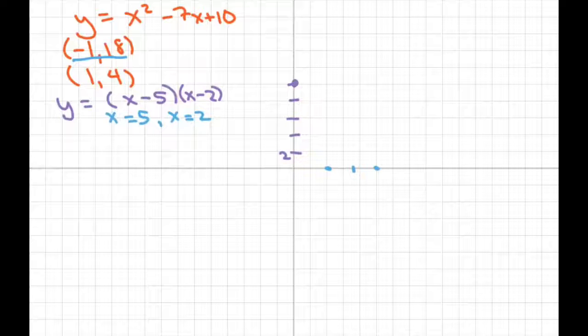So for my x's, I'm just going to go ahead and use the -1. And to go to 18, I'm going to go by twos: 2, 4, 6, 8, 10, 14, 16, 18. So there's going to be my -1, 18.